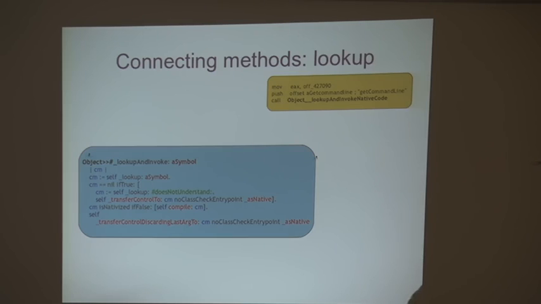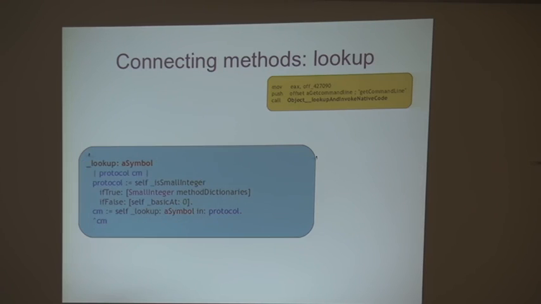You check if you can look up a symbol to self, which is the one that has to solve the problem, and if you can't find a compiled method you send doesNotUnderstand, and if you found a compiled method, you just transfer control to the actual implementation.